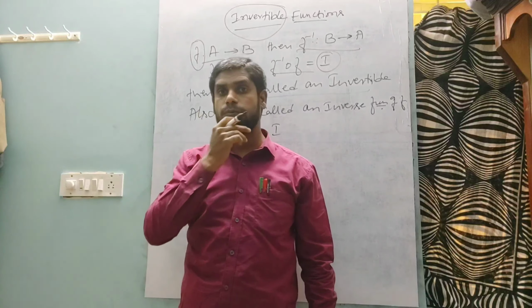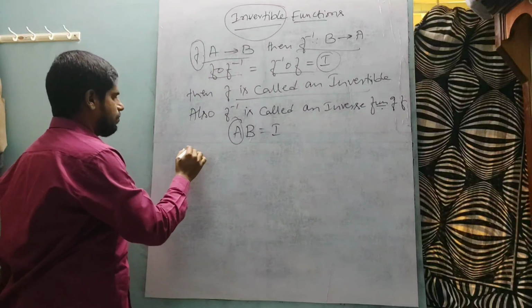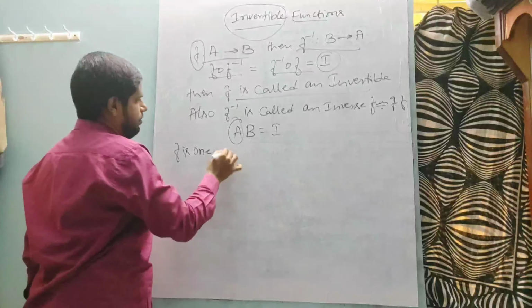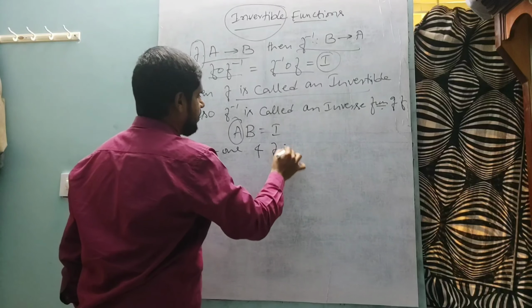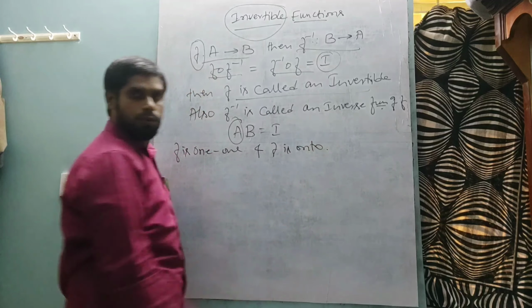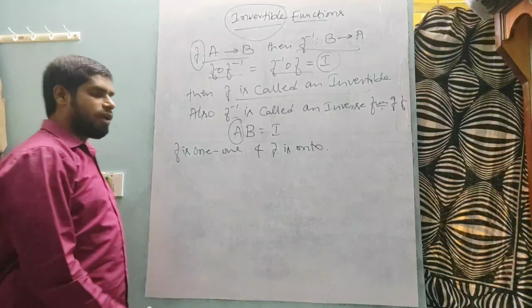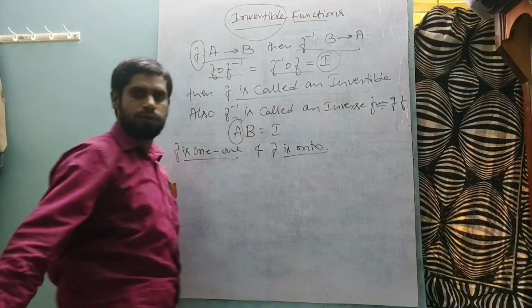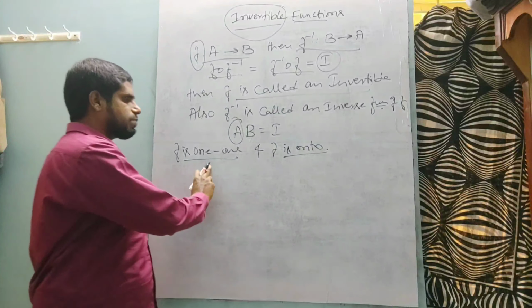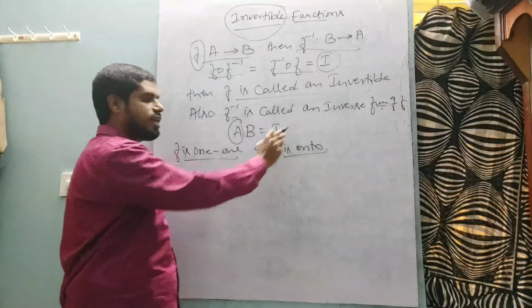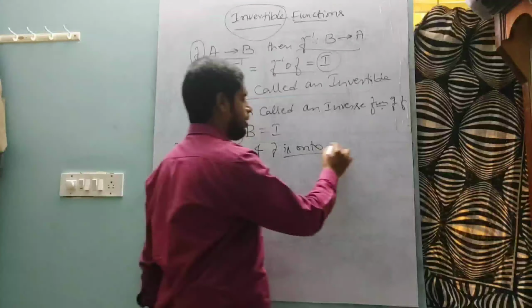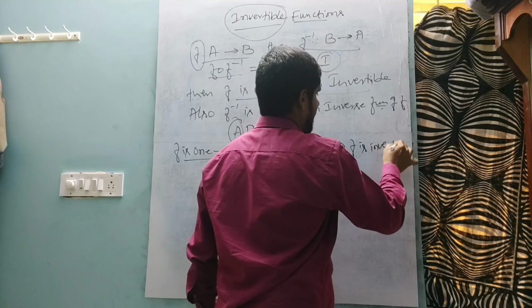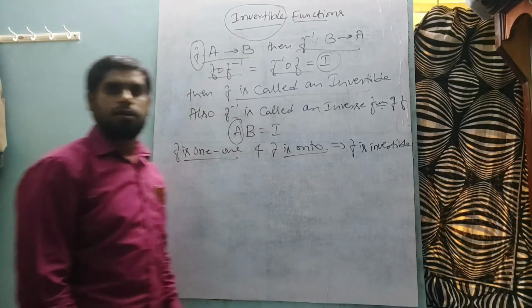The other method to prove invertible is, first we should prove f is 1-1 and f is onto. If f is both 1-1 and onto, then we declare that f is invertible.